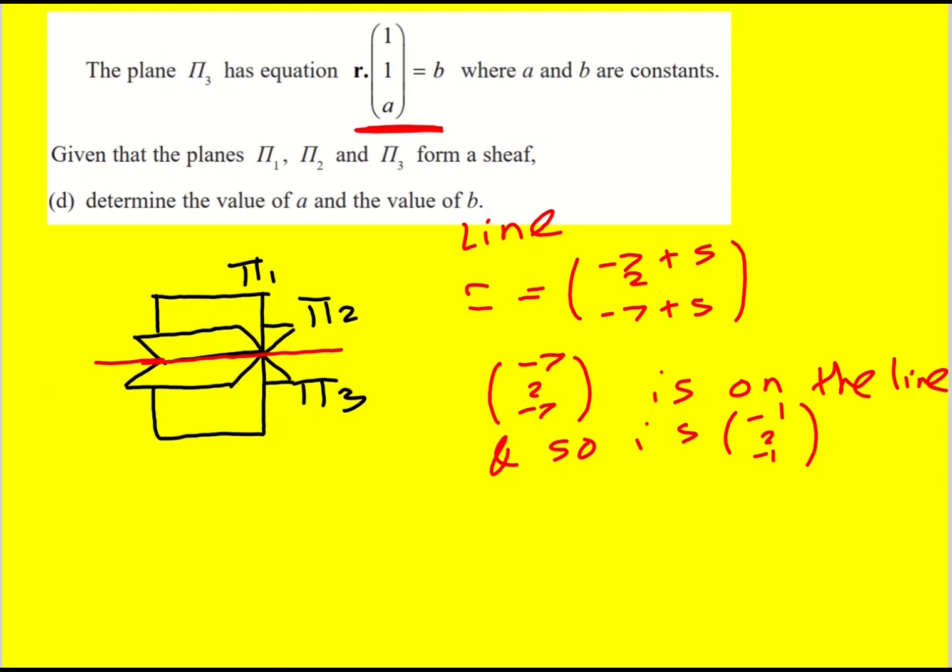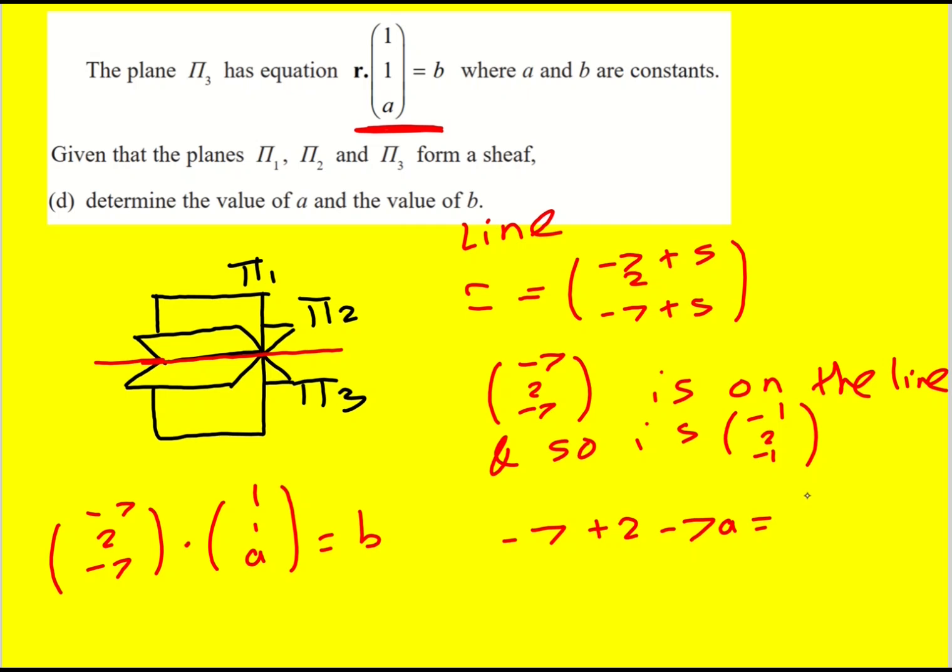I can sub them in. It must be that (-7, 2, -7) dotted with (1, 1, a) is equal to b, and therefore -7 plus 2, sorry, -7a is equal to b. So 7a plus b is equal to -5.